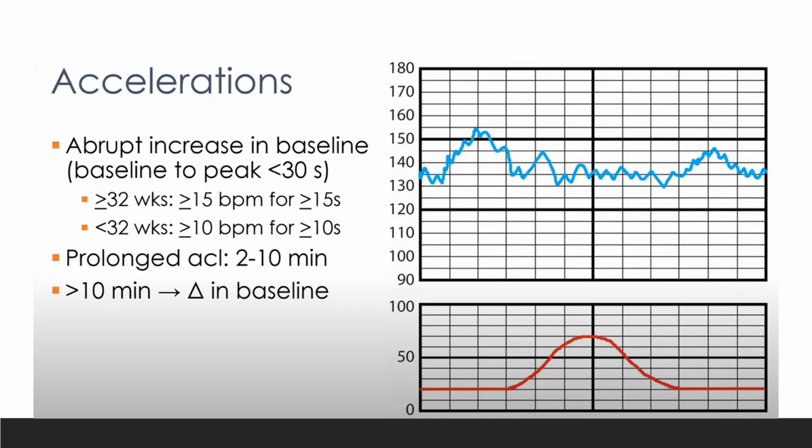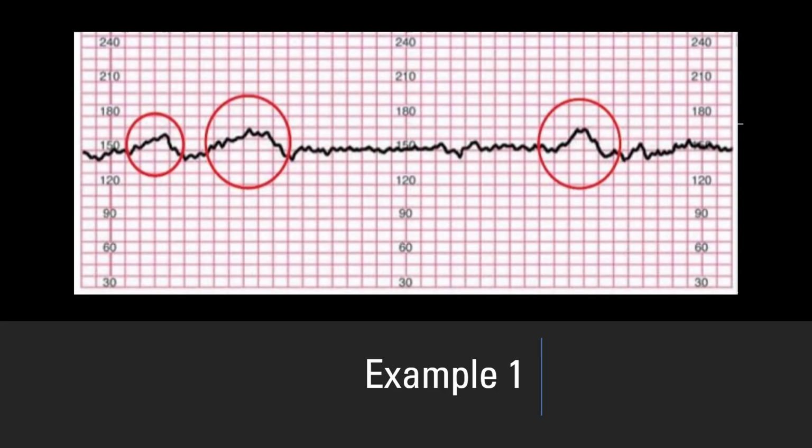The goal is to have at least 15 beats per minute for 15 seconds for those that are 32 weeks and above. For a fetus that's less than 32 weeks, we definitely want it to meet the criteria of 10 by 10. If you have any questions at all, please don't hesitate to reach out to us or the instructors. We are happy to assist you to help understand all of this.